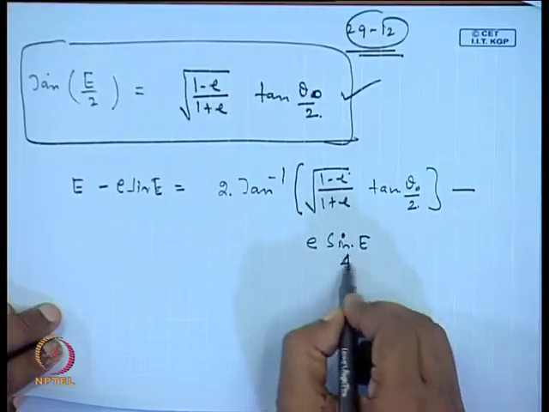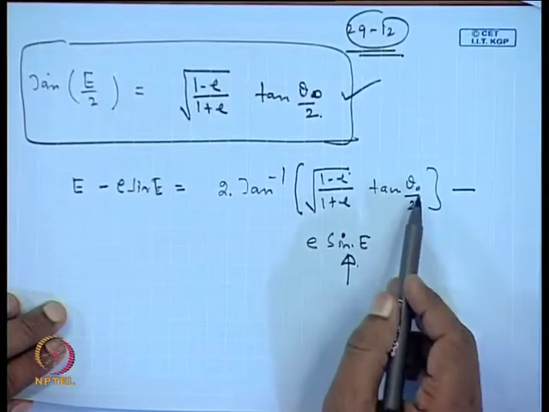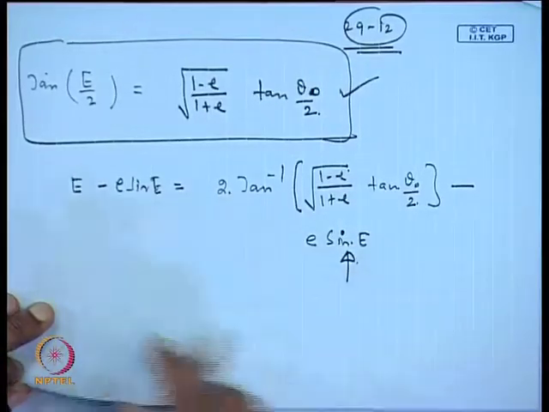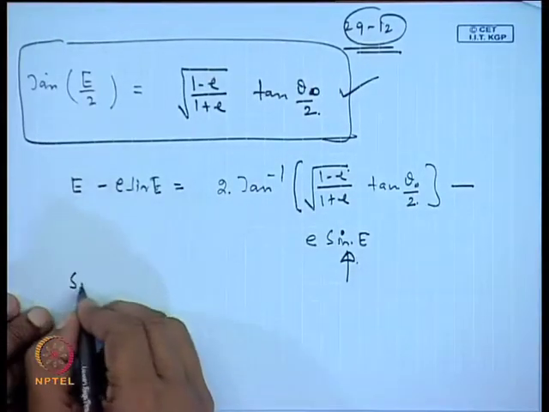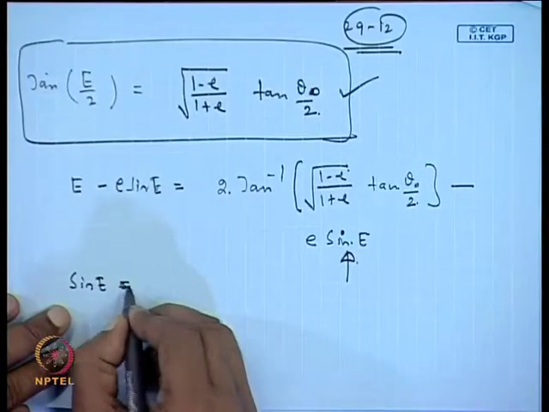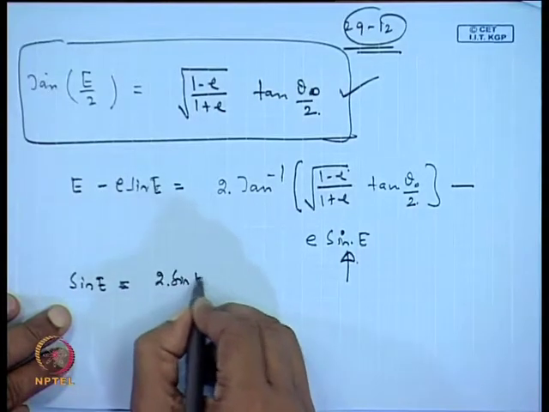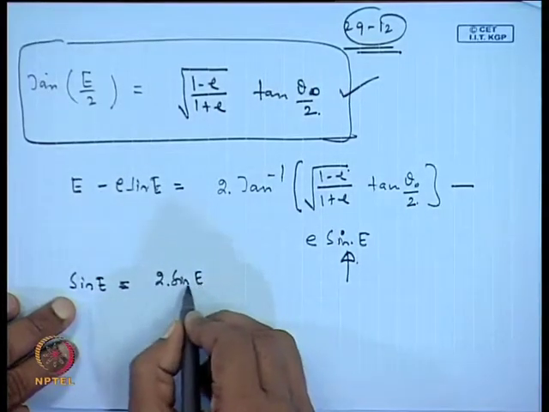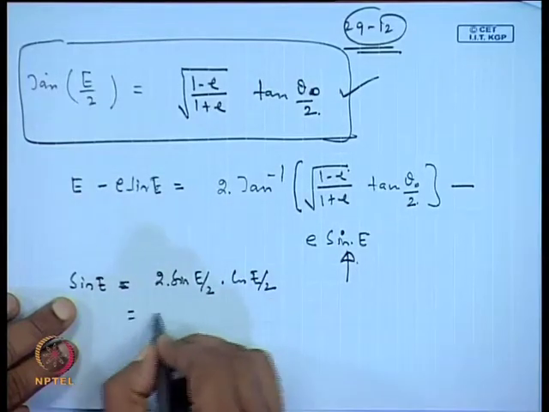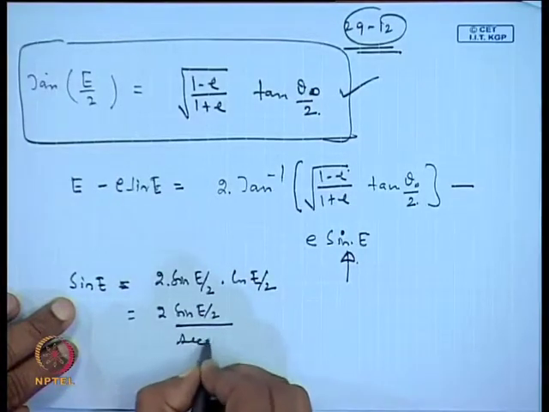Now, here the sin E we need to replace in terms of theta 0, which is the actual measure of true anomaly. So, sin E can be written as 2 sin E by 2 times cos E by 2.